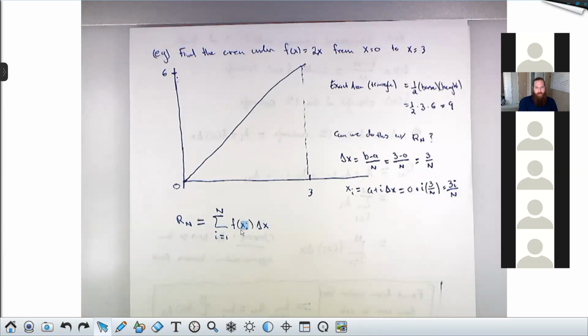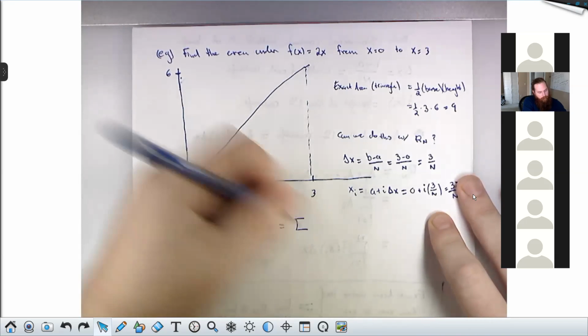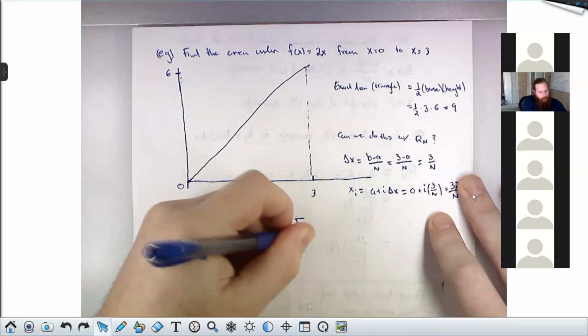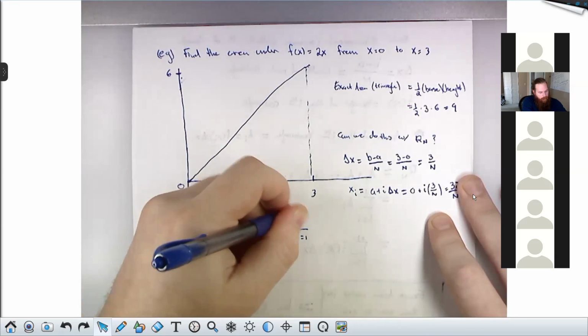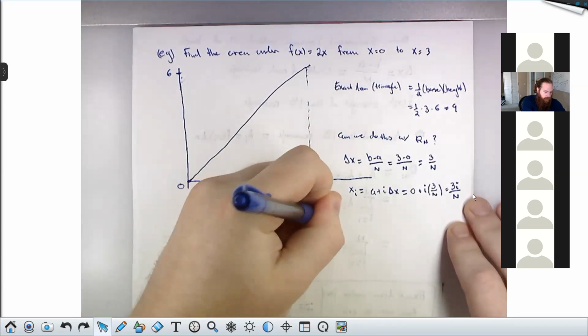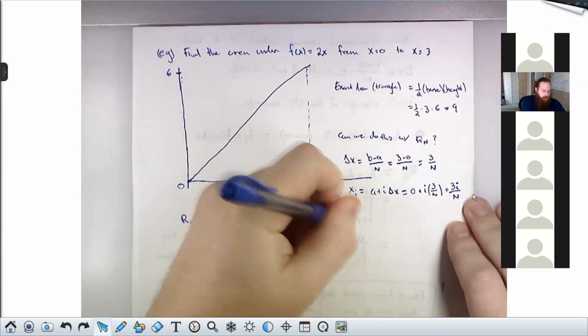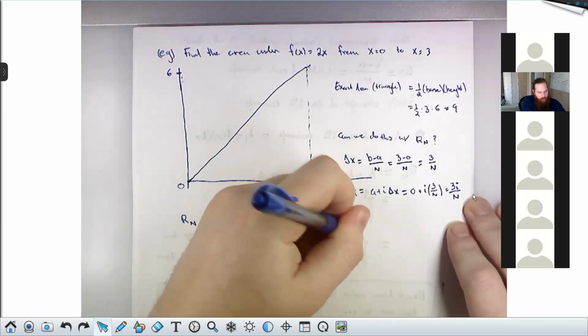I know what xi is. That's 3i over n. So this is sigma i from 1 to n of f of xi, which is 3i over n, times delta x, which is just 3 over n.